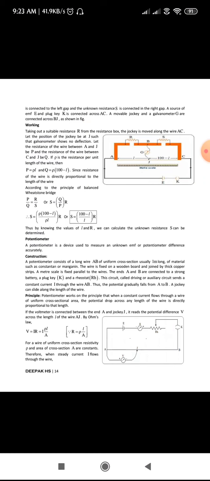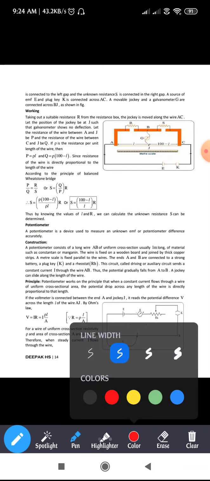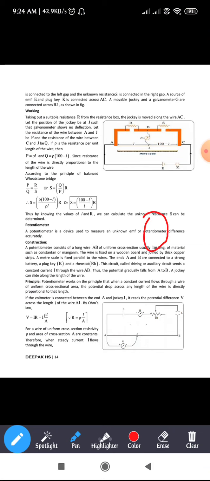The main use of this potentiometer is the device which is used to measure an unknown EMF. I think you are aware of this EMF, right? Electromotive force or the potential difference. Actually there is a little typing mistake there, so it should be potential difference.